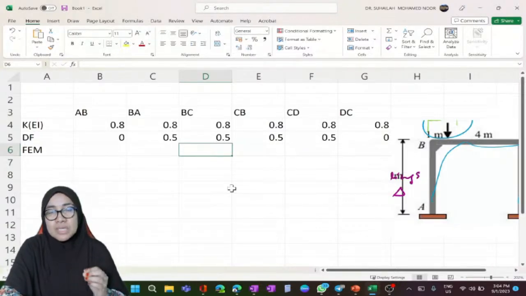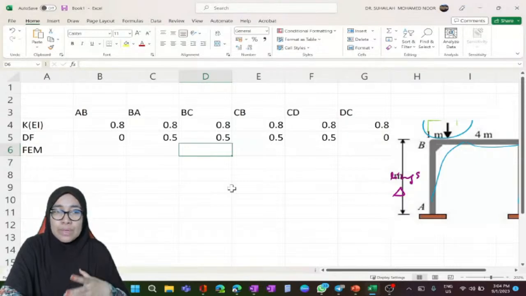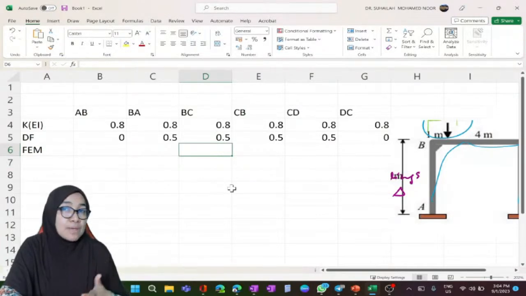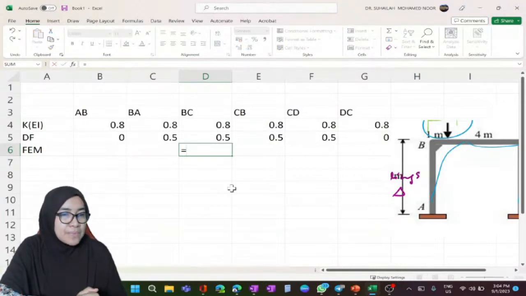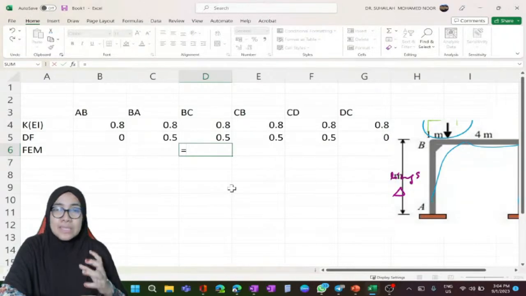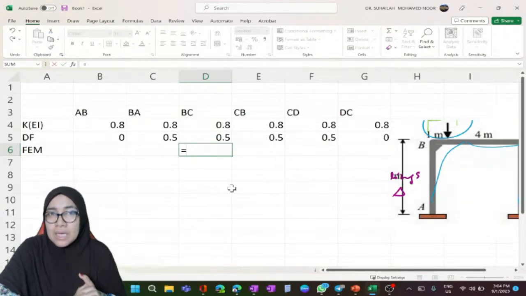We have to consider the behavior and put a sign representing it. So BC is negative, CB is positive, because we compare the behavior with the sign convention.